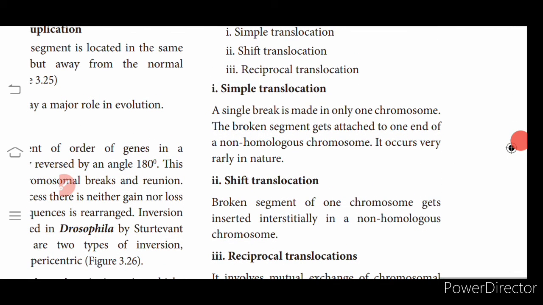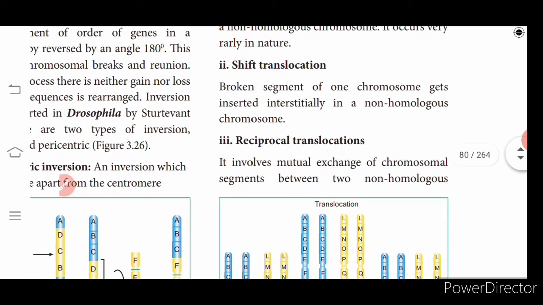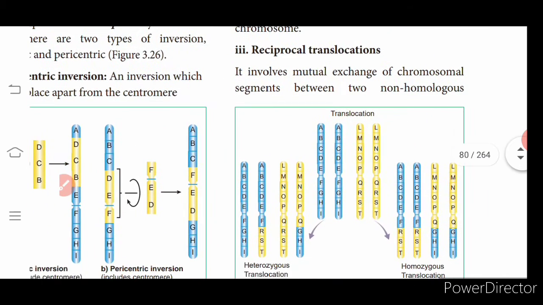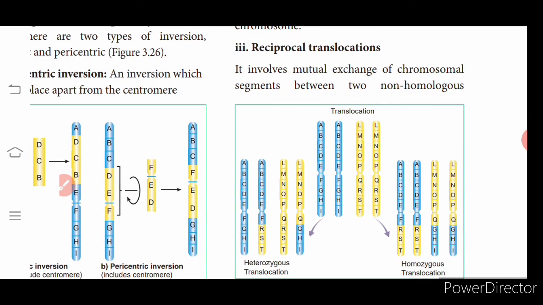A single break is made in only one chromosome. The broken segment gets attached to the end of a non-homologous chromosome. Shift translocation: a broken segment of one chromosome gets inserted interstitially into a non-homologous chromosome. A reciprocal translocation involves mutual exchange of segments between non-homologous chromosomes.